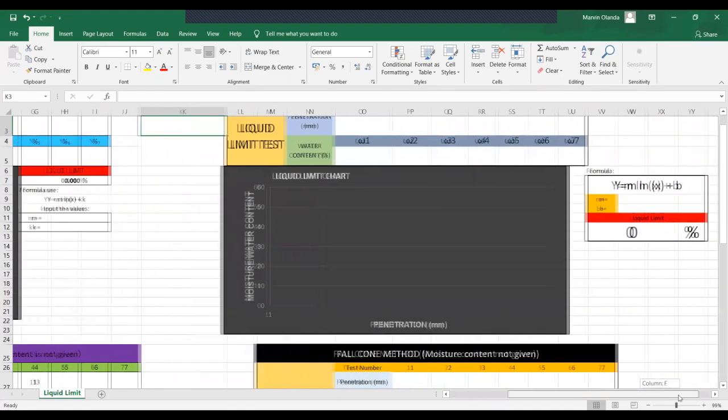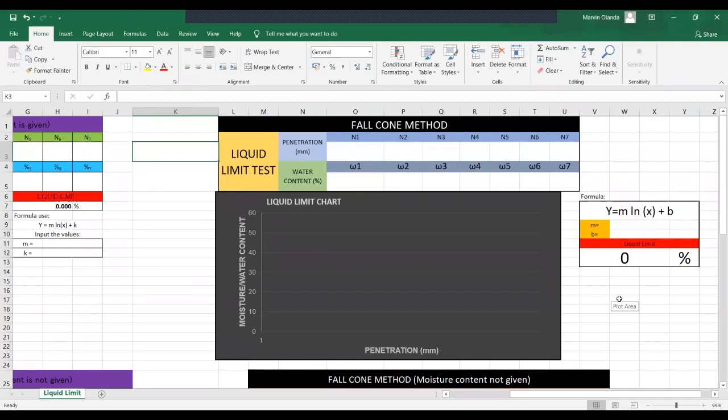To test our program, we have here an example. Assuming that we have 5 tests, we have 13 mm penetration, 15, 21, 23 and 25.